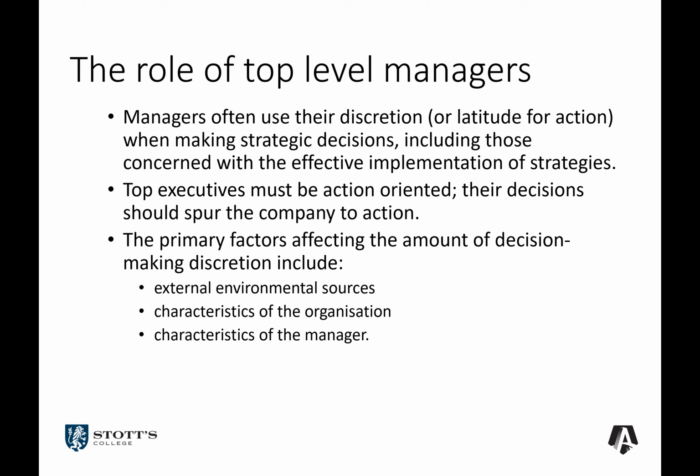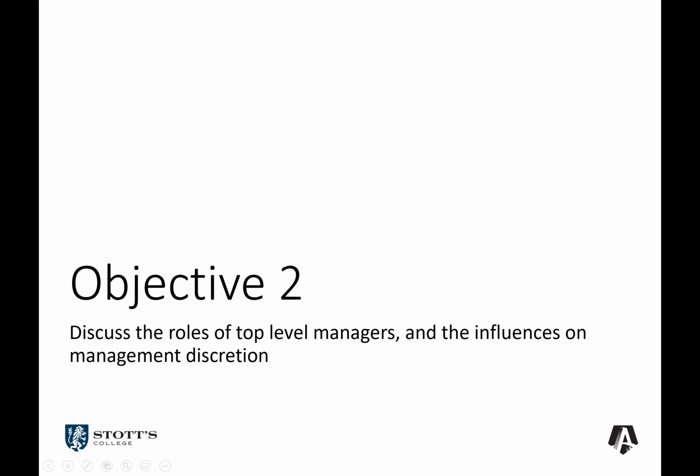And there are characteristics of the manager themselves and how that limits their ability to make decisions. So let's look at top-level managers and the influences on them, those three factors on managerial discretion.